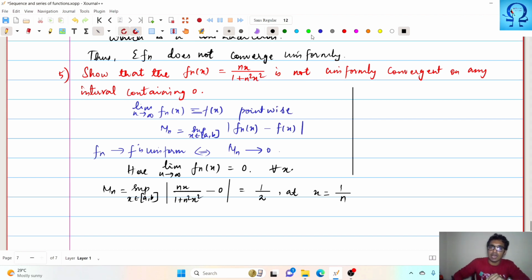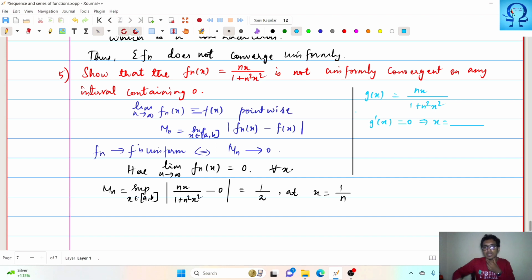There is another way to find the supremum. Supremum over some finite interval is just finding the maxima. If you consider this function nx upon 1 plus n square x square as some function g of x, then find its derivative and equate it to 0 to get some value of x.